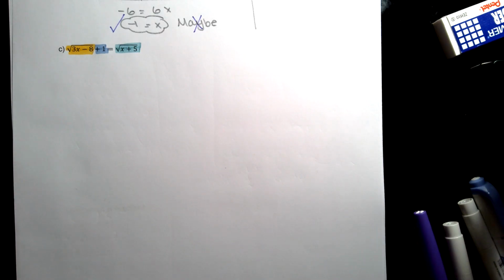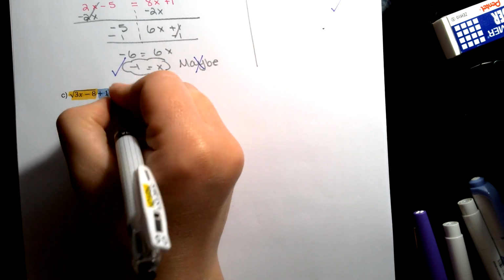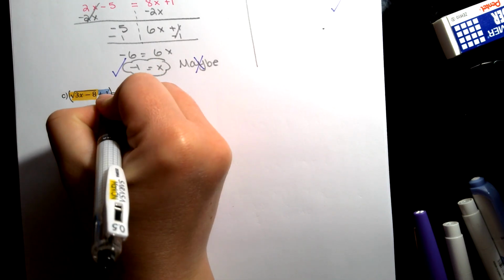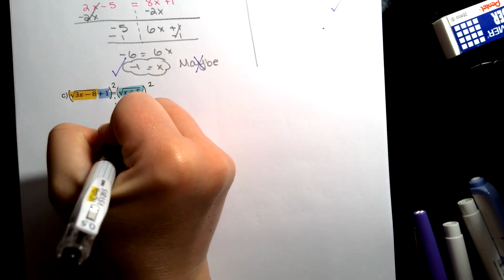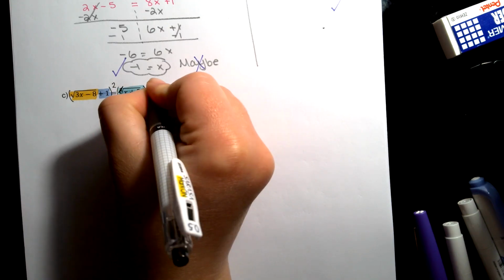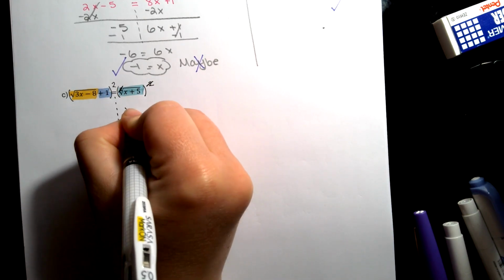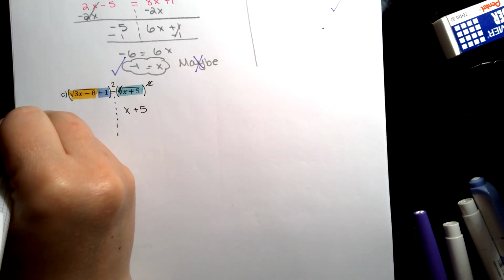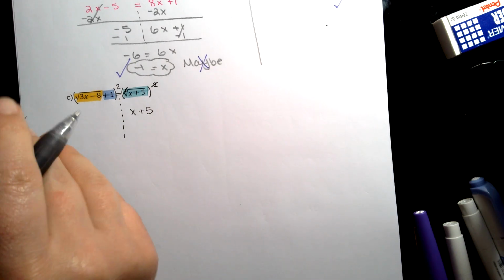Round number 1 begins by you focusing on this right here on the right-hand side, the square root that is by itself. The square root that is by itself, we are going to look at its index, and we're going to square both sides. Now, since our index is 2 and our exponent is 2, we're left with x plus 5. This is a good thing. Now, on the other side, this is where the issues start happening because we have a binomial.